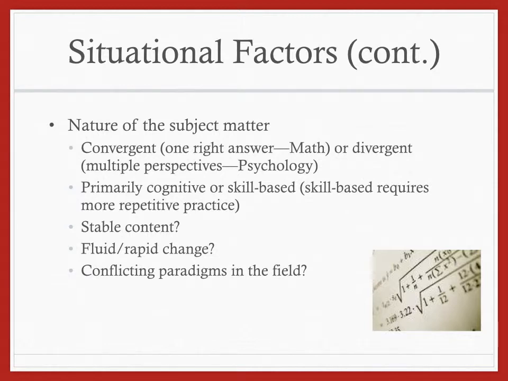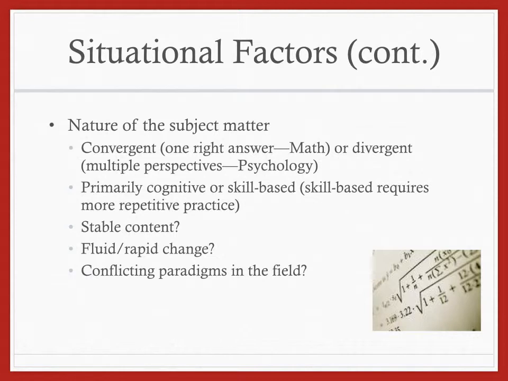Other things that drive the way we design our course is the nature of the subject matter. Is it a convergent type course, which means there's only one answer, or is it multiple perspectives like in psychology? I think in our athletic training courses, we have probably more convergent than divergent. Some of the professional development areas would probably be divergent, but most of our courses are going to have the right way to do things.